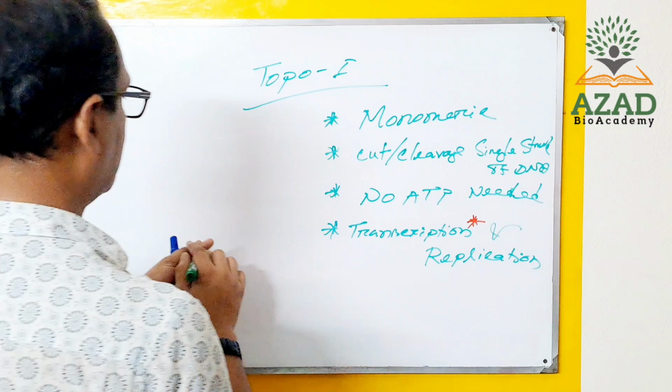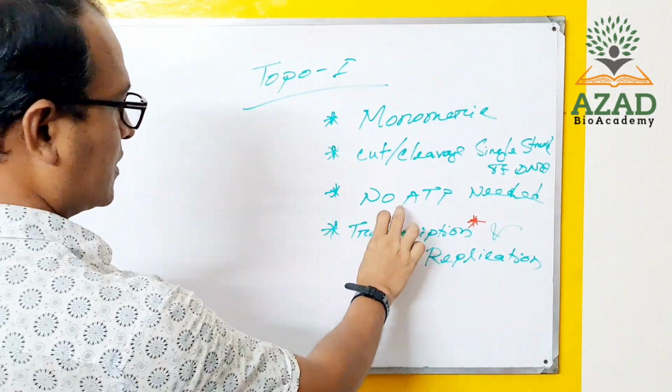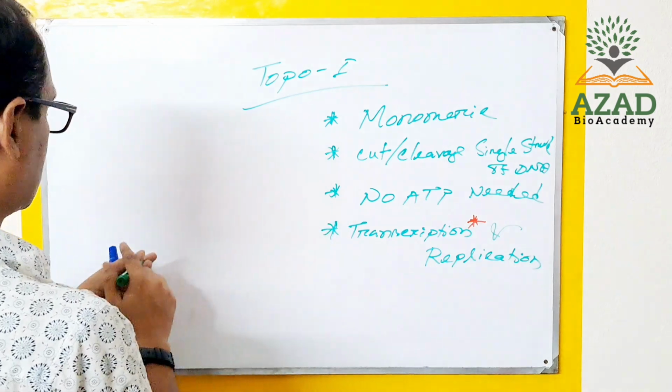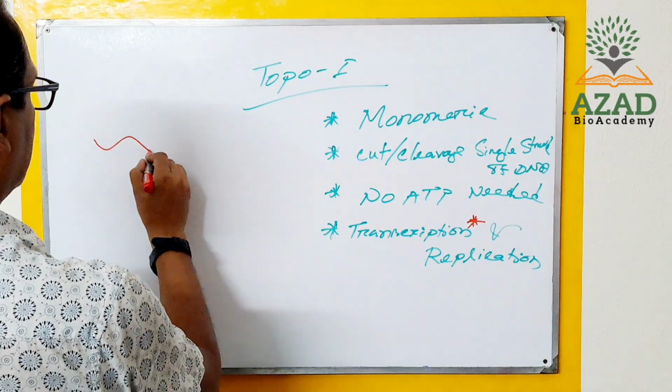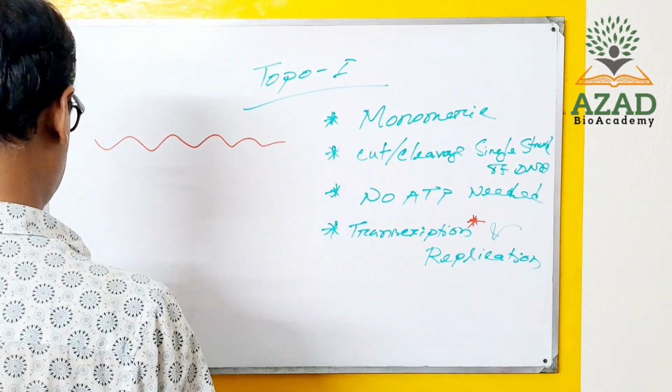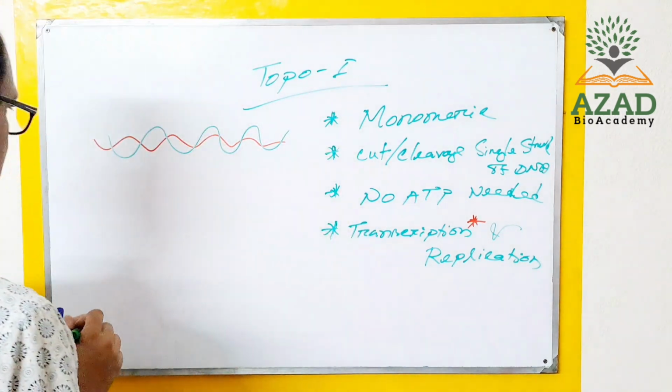Suppose you think about unwinding during transcription, so I will focus on this. Consider this as normal DNA, and this is your helical DNA structure.